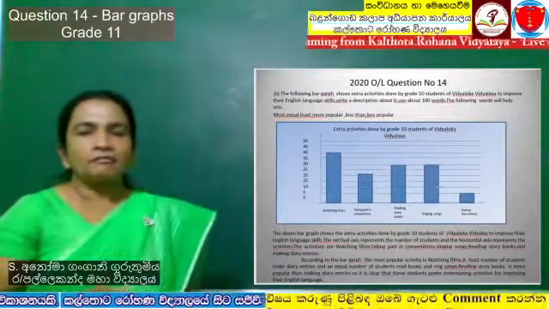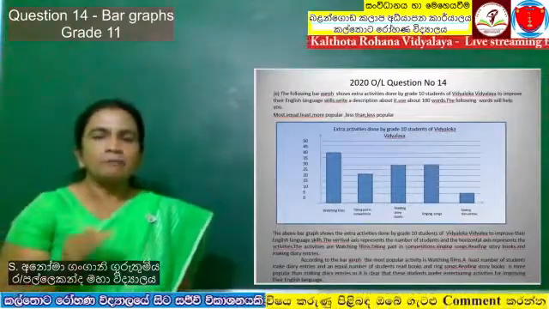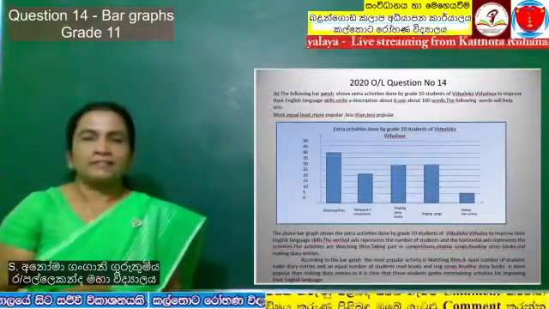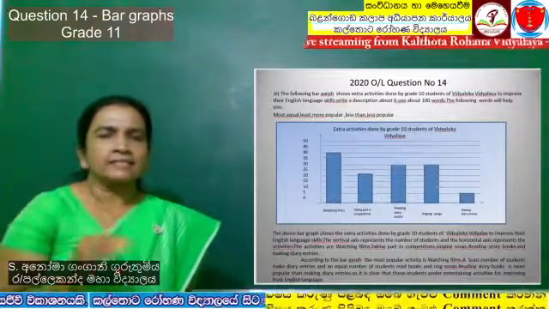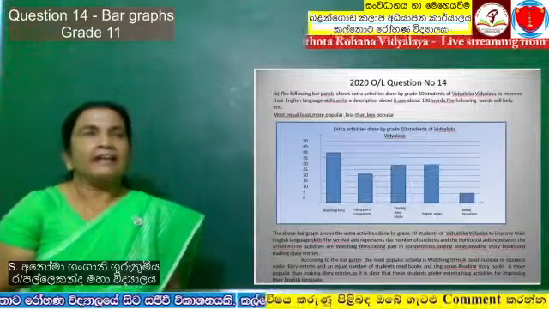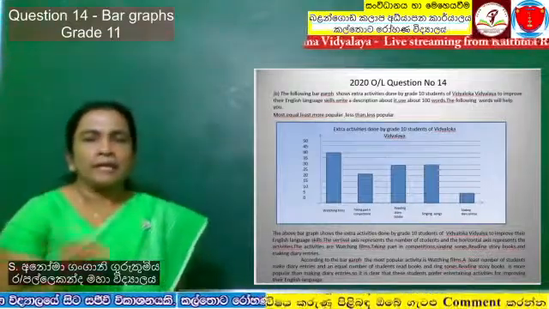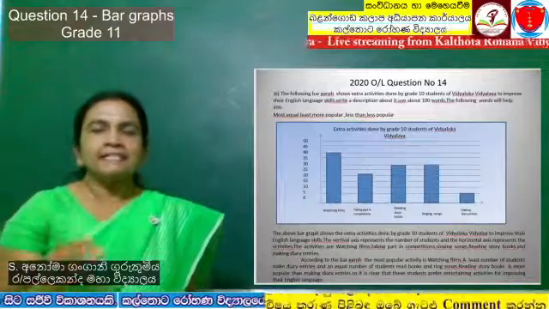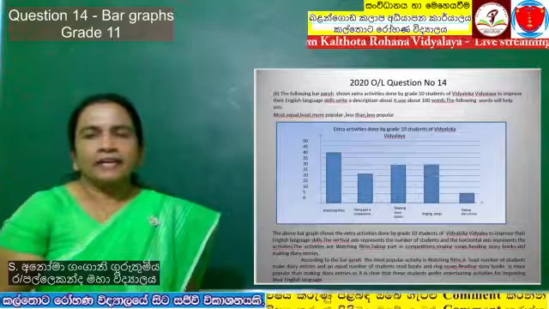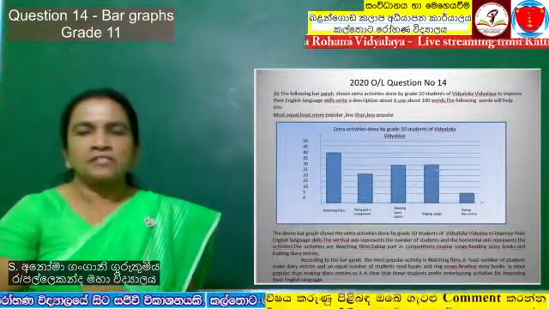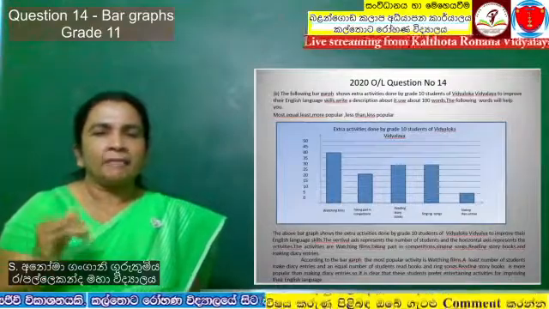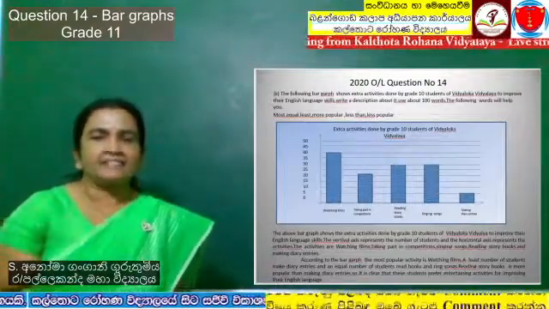According to the paragraph, the most popular activity is watching films. A least number of students make diary entries and an equal number of students read books and sing songs. Reading storybooks is more popular than making diary entries.